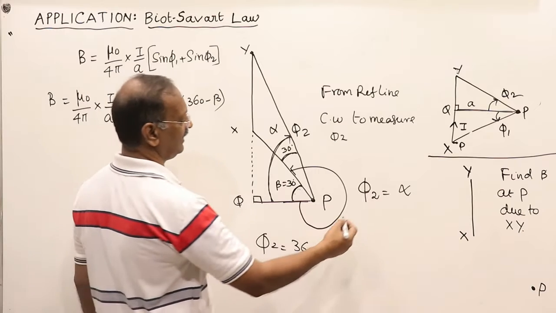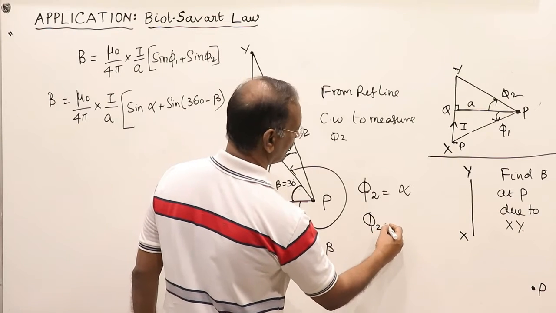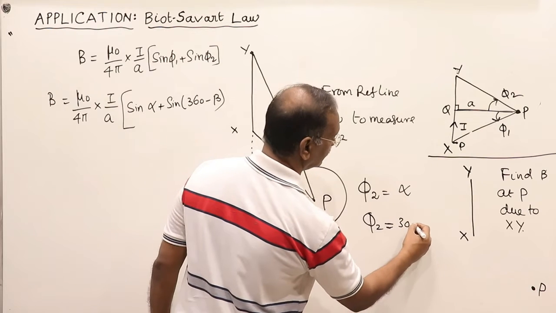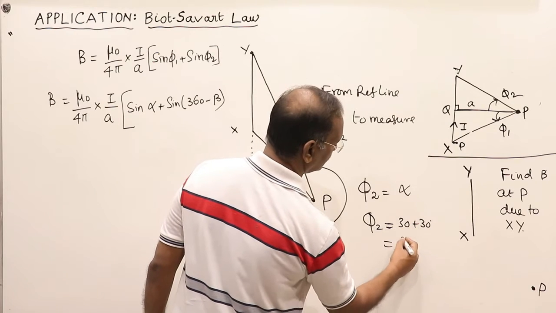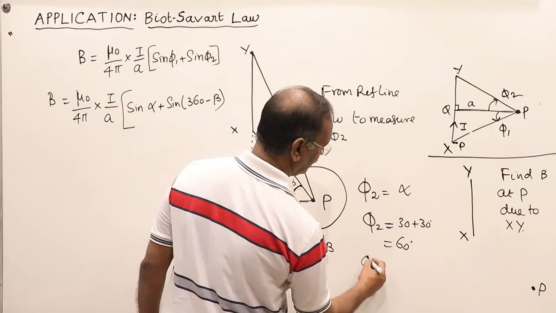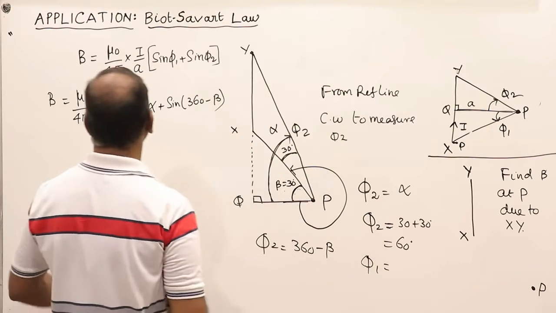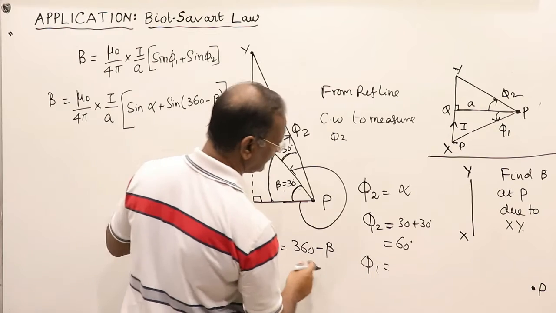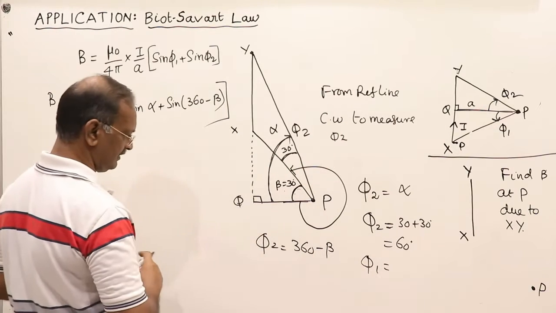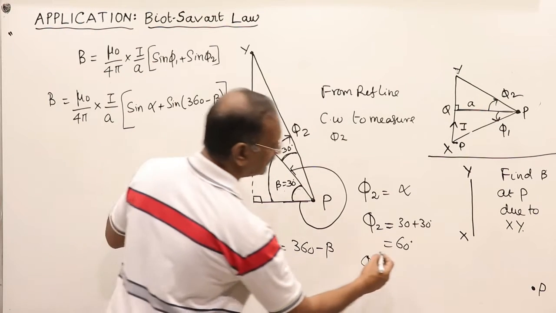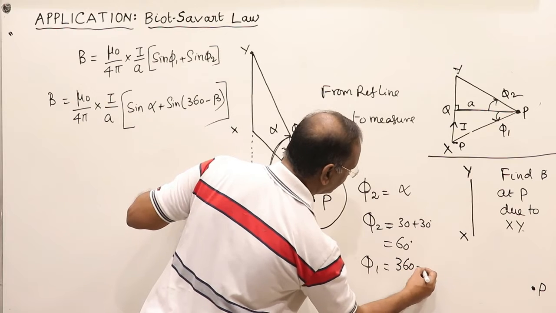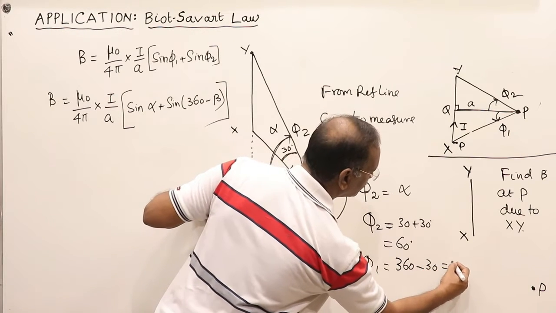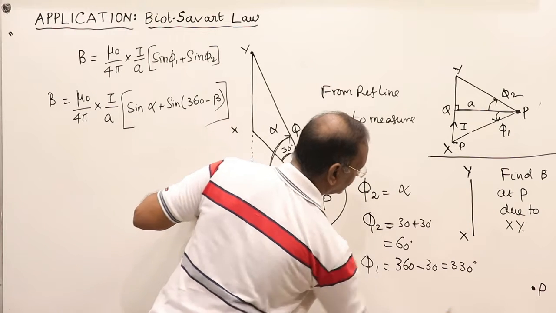In this case phi 2 is equal to 30 plus 30, that is 60 degree, and phi 1 is equal to 360 minus beta, that is 360 minus 30, which is 330 degree.